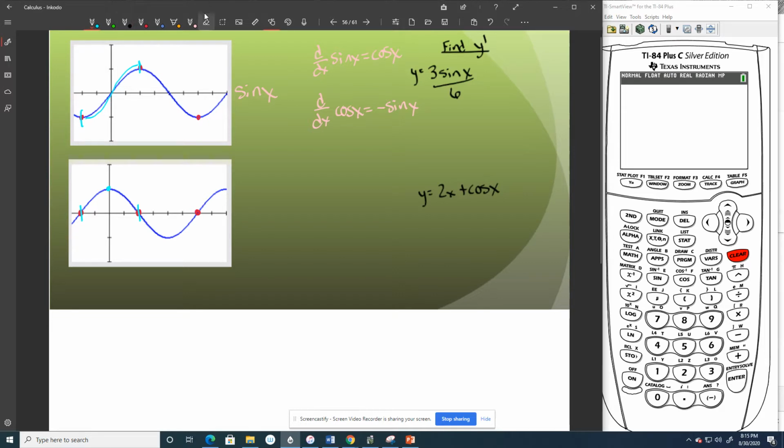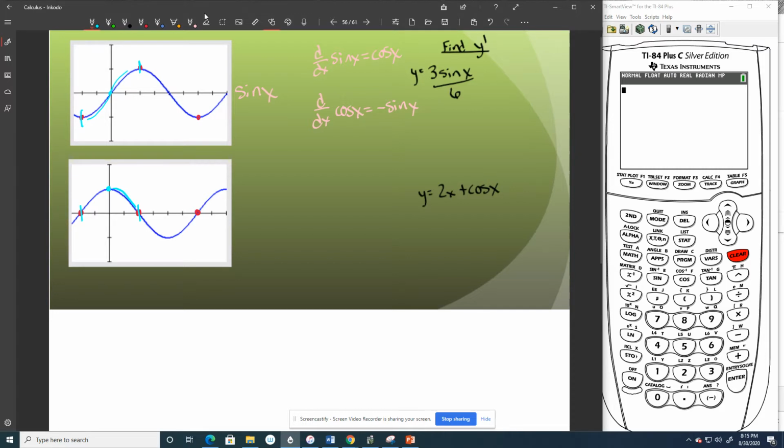And if you look really close, and it's kind of hard to see on this graph, at this point your line is getting steeper, steeper, steeper, steeper. And at this point, it kind of maxes out its steepness, which gives you your maximum right here. And then your slope is still positive, but it's decreasing. So on my slope function down here, my slope is still positive, but it's decreasing.